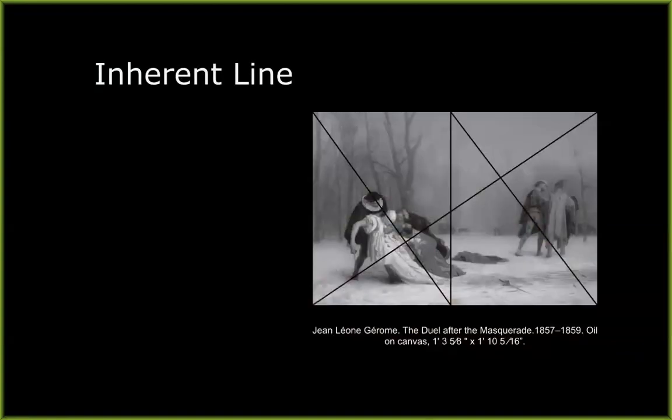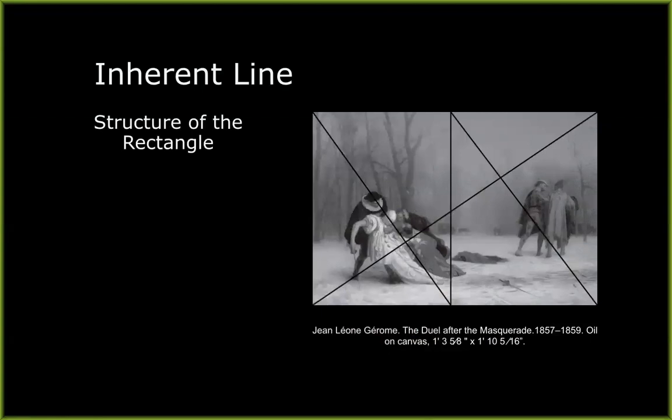Then we have inherent line and the structure of the rectangle. So in any rectangular composition, there are just inherent lines. You could see that if you just took a piece of paper and folded it in half and then folded it in half diagonally, and diagonally again, and then unfolded it, you would see all these different lines.